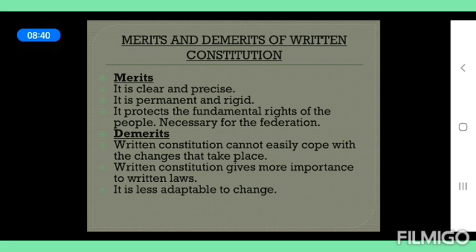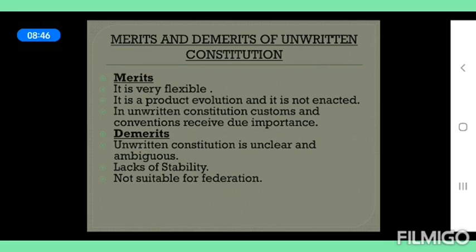So next we'll discuss the merits and demerits of unwritten constitutions. Number one, merits, and next is the demerits. As I've already explained last time, an unwritten constitution is one which is neither drafted nor enacted by the Constituent Assembly.